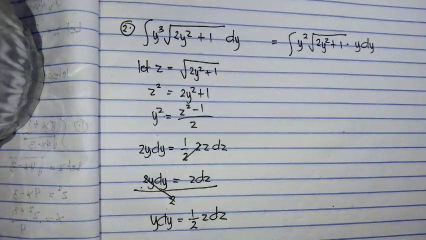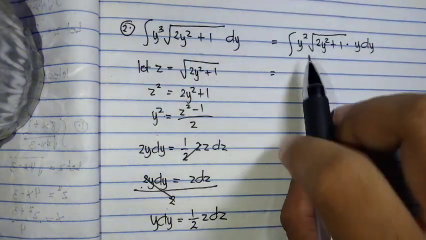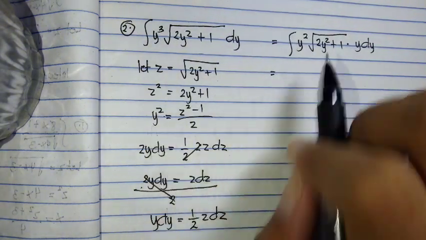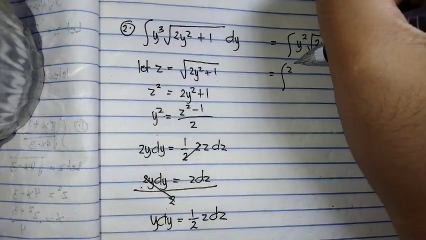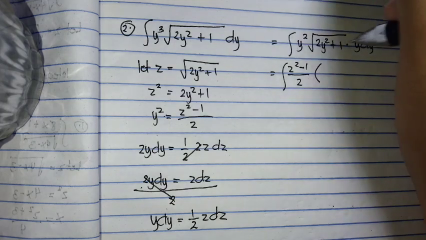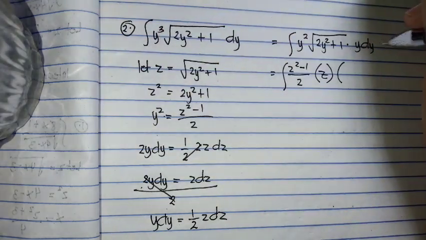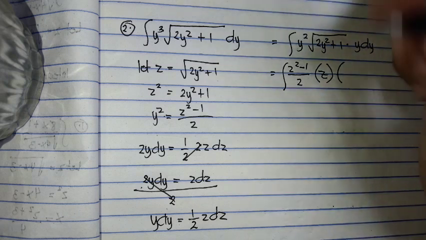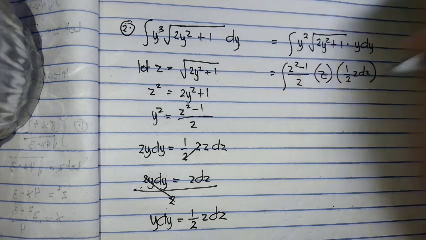So y dy. Now we can replace y squared, so the integration of (z squared minus 1) over 2, the square root of 2y squared plus 1 is z, and the value of y dy is 1/2 z dz.